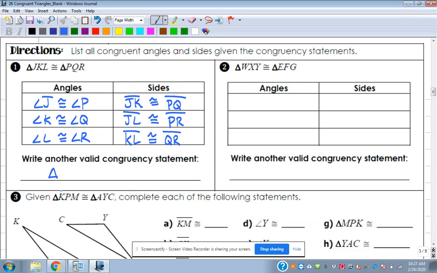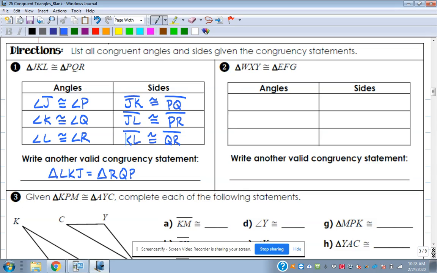LKJ is congruent to, there you go. Hard to go backwards sometimes. That would work. Several other examples of that. You could do KLJ and QRP. Just change the order, but make sure that the angles are paired up in the right spots. That's the easiest way to do that.